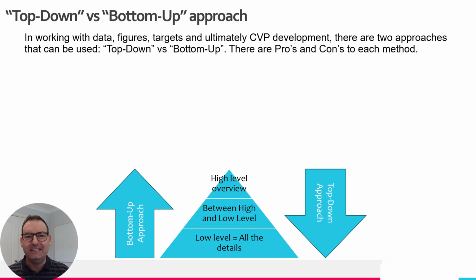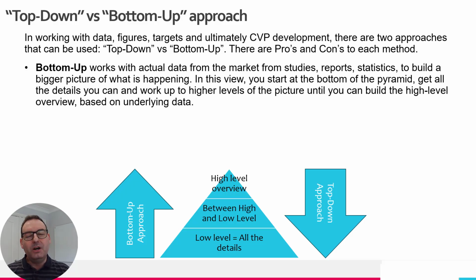So in working with data, figures, targets, and ultimately customer value proposition or CVP development, there are two approaches that can be used, the top-down versus the bottom-up. With all approaches, there are pros and cons to each method. The bottom-up method, so working at the bottom of the triangle and working upwards, works with actual data from the market, from studies, reports, statistics, to build a bigger picture of what is happening.